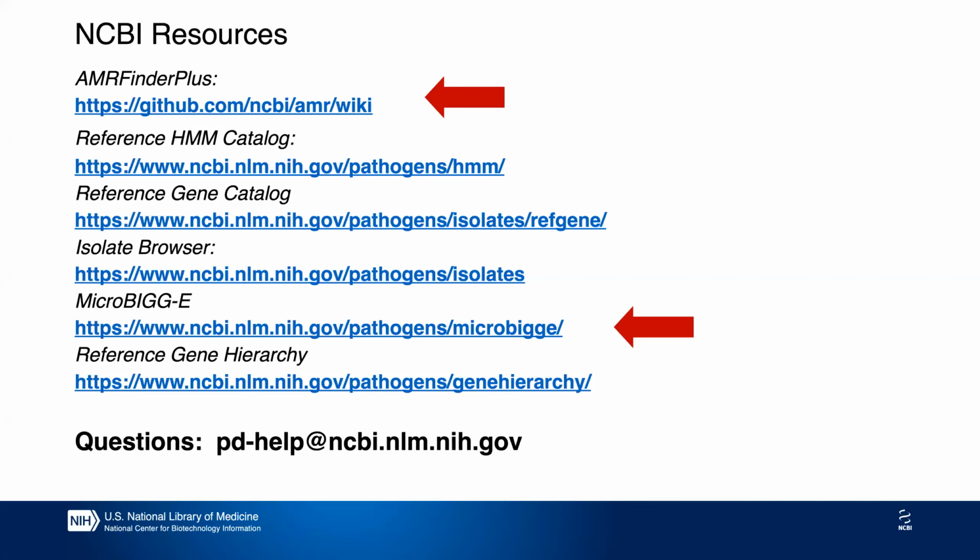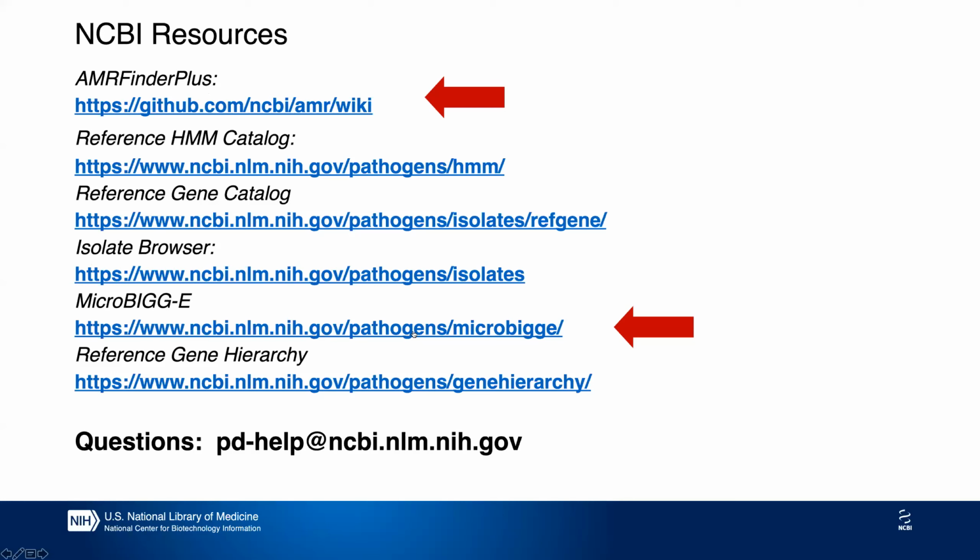Just to end, because I covered a lot here, and this will be available on the slides we send around, there are a bunch of resources. These were talked about earlier on. Our catalog of HMMs, our catalog of genes, the isolate browser, which gives you an isolate level view for over 950,000 isolates.